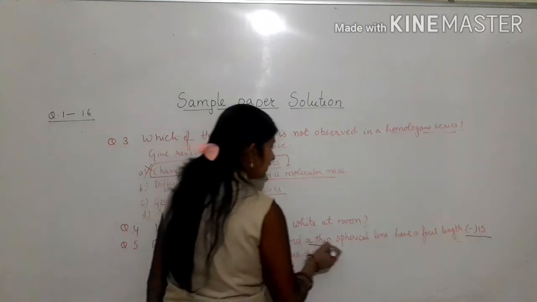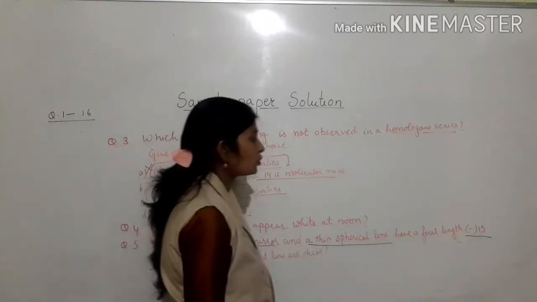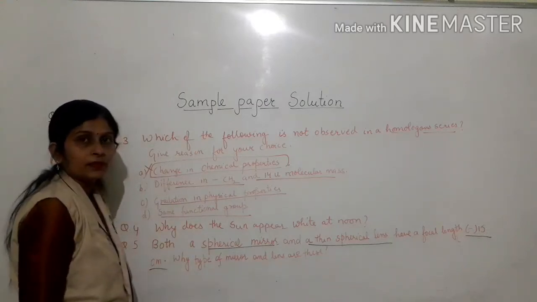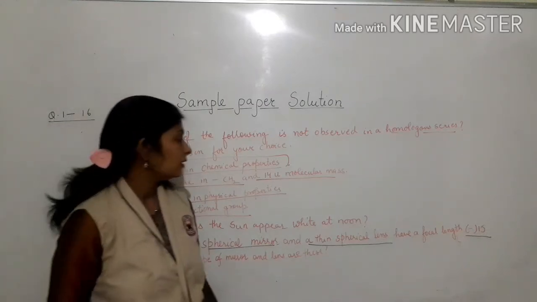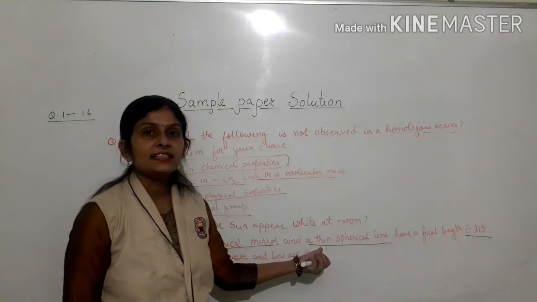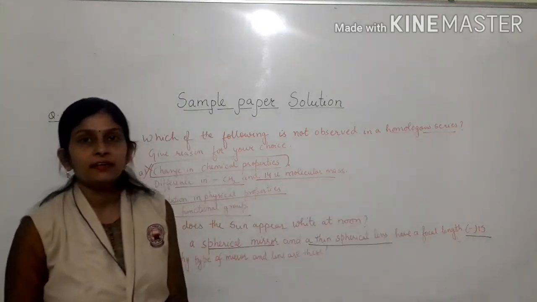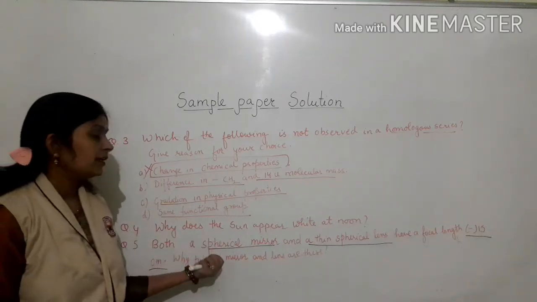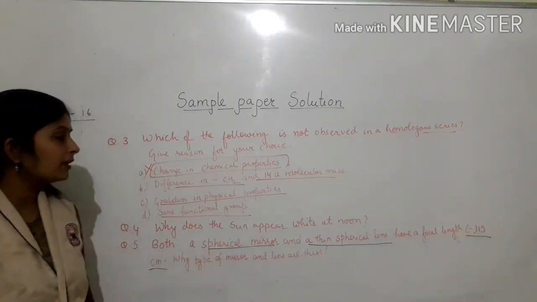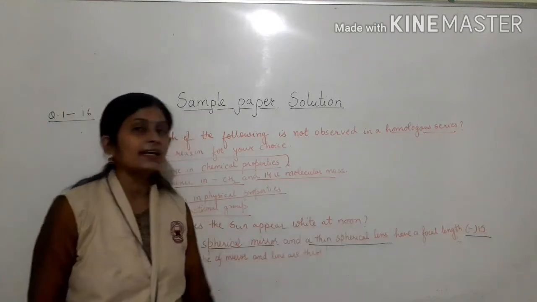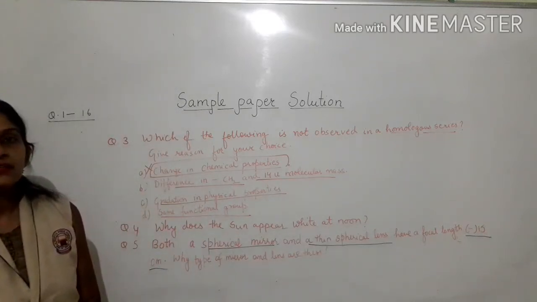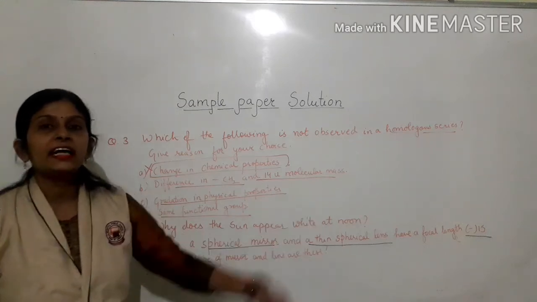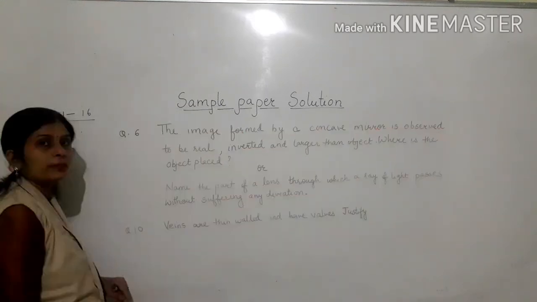And a thin spherical lens has also minus 15 centimeter. And we also know that a concave lens has focal length in negative. So it is a concave lens. So answer is here: spherical mirror is concave mirror and that thin spherical lens is concave lens, as both have negative focal length.